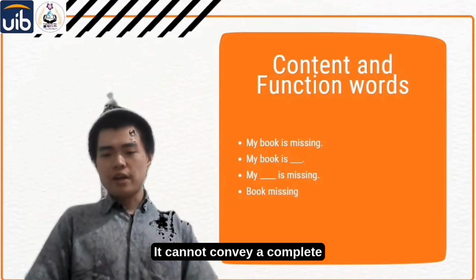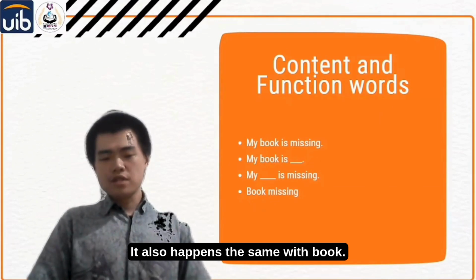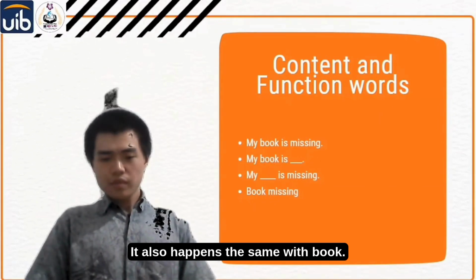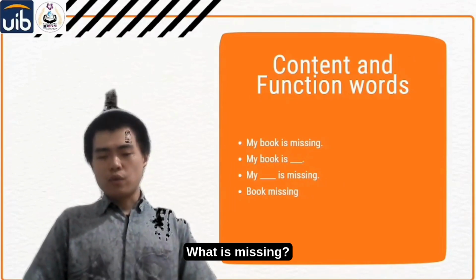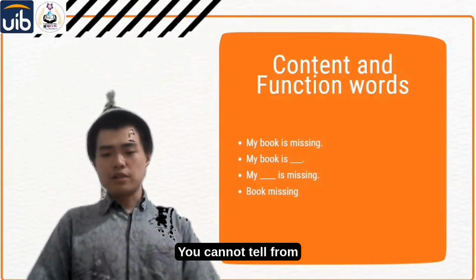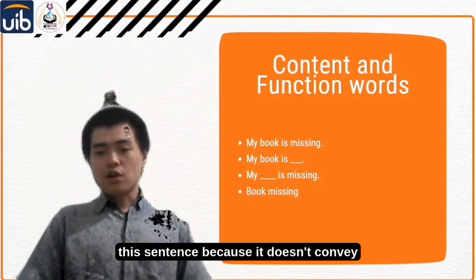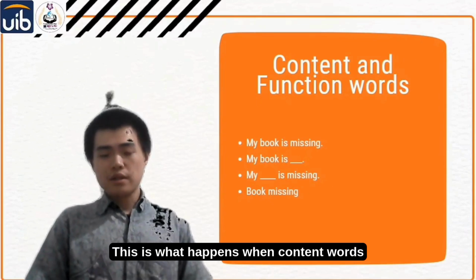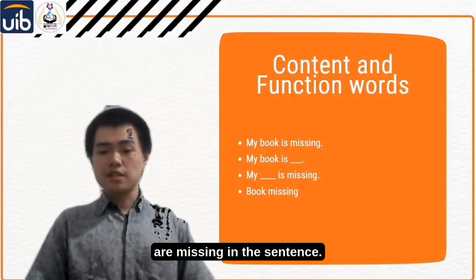It cannot convey a complete idea. The same happens with book. My blank is missing. What is missing? You cannot tell from the sentence because it doesn't convey complete information. This is what happens when content words are missing in the sentence.